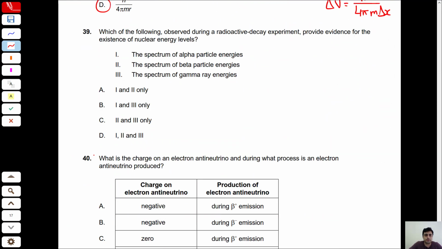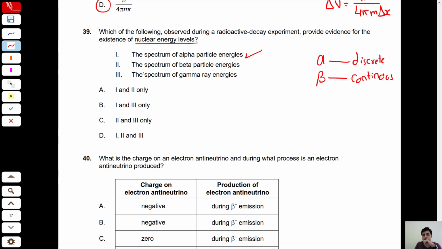Which of the following observed during a radioactive decay experiment provide evidence for the existence of nuclear energy levels? So they are discrete nuclear energy levels. The spectrum of alpha particle energies, yes. And remember, alpha particles have discrete energy. The spectrum of beta particle energies, no. Beta particles have continuous energy. The spectrum of gamma ray energy, yes.